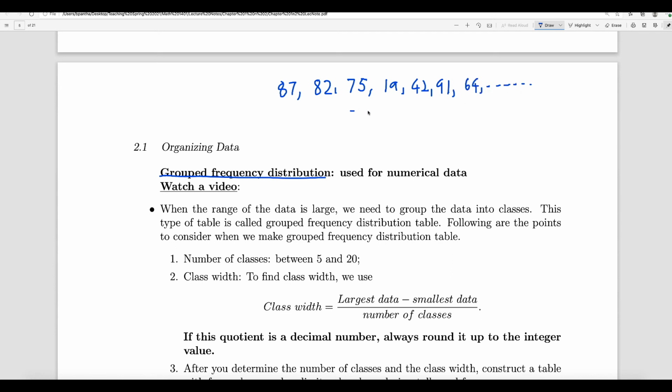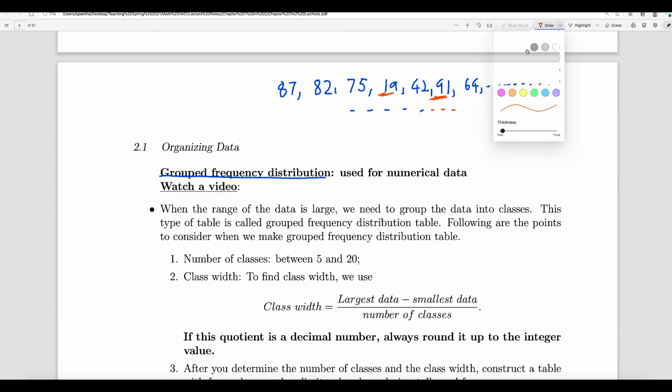Suppose the biggest data is this one, and the smallest data is that one, meaning the oldest person that died of COVID-19 was 91 years old, and the youngest person that died of COVID-19, suppose in that count, is 19 years old, and there are so many other samples that you collected.